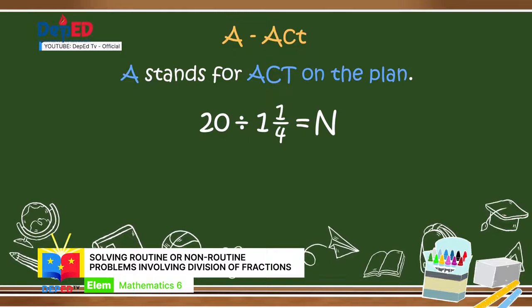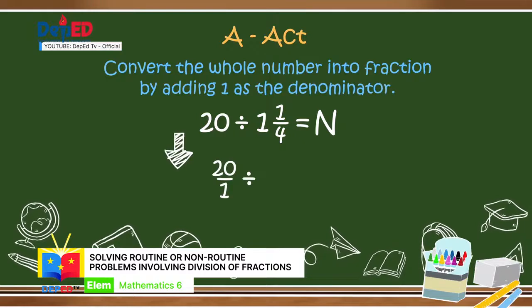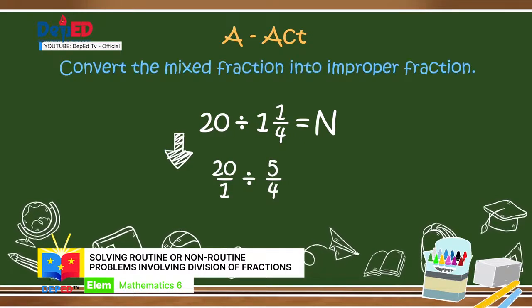First, convert the whole number into fraction by adding 1 as the denominator and the given mixed number into improper fraction by multiplying the denominator by the whole number and add the numerator. Copy the denominator. We have 20 over 1 divided by 5/4.